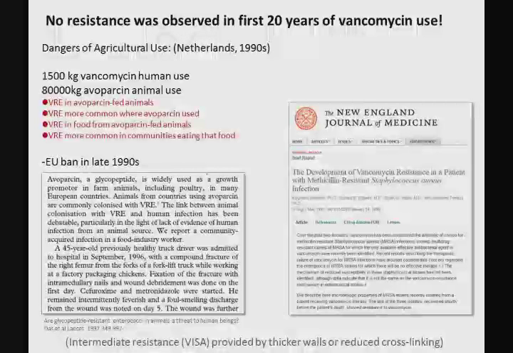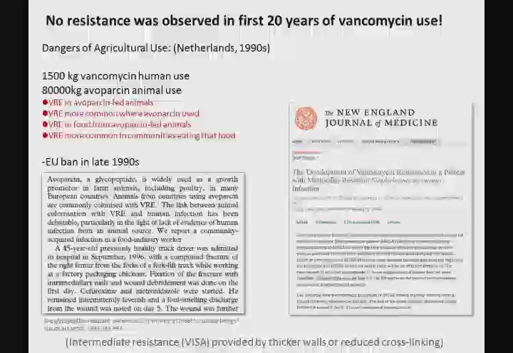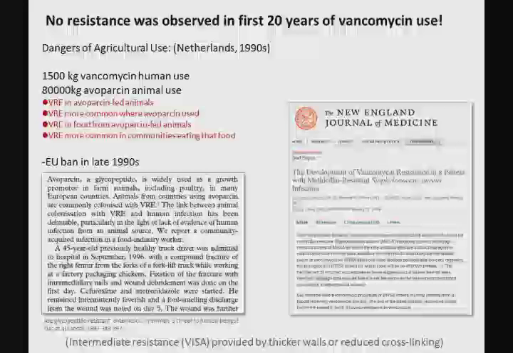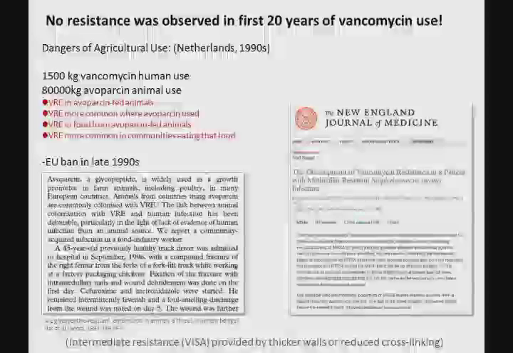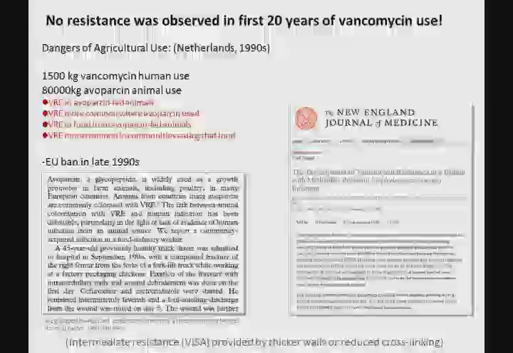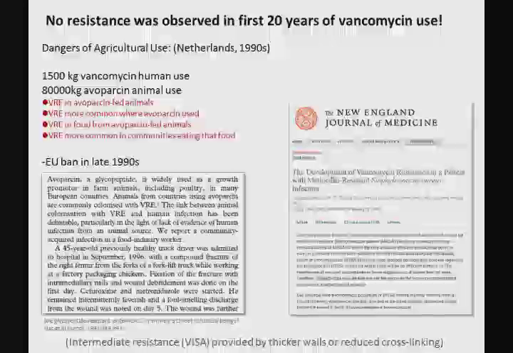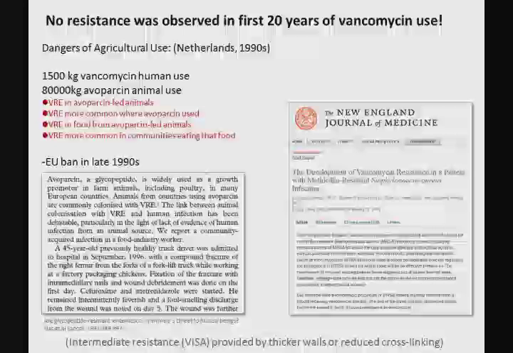So this is an example where a forklift truck driver who worked in this agricultural setting crashed his forklift truck, and here we go, compound fracture of his leg, and he worked in this environment where they were using avoparcin in the animals, and he got a vancomycin-resistant infection in his bloodstream because of this. So this is a real positive link between the two types of resistance.